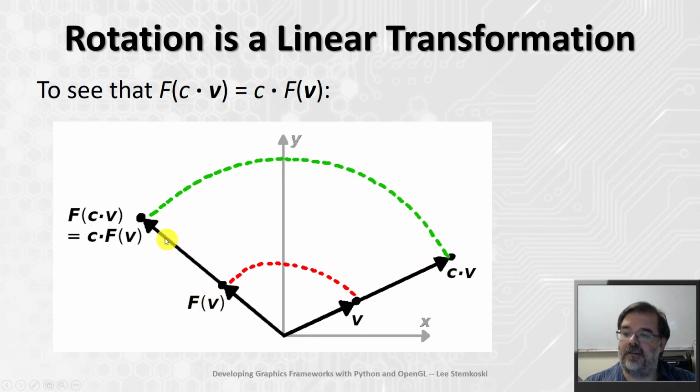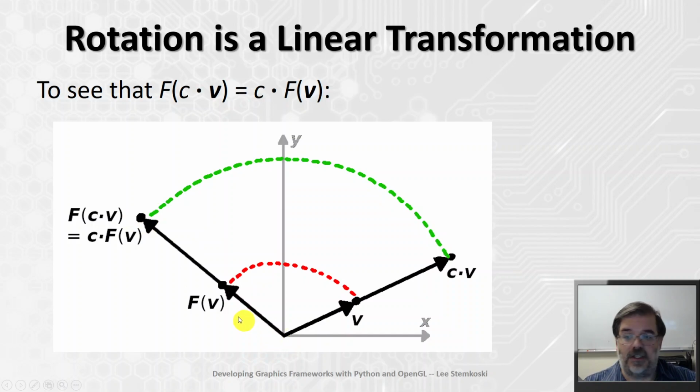So the results are f of v and f of c times v. Now, again, these vectors lie along the same direction, and their endpoints still have the same distances from the origin. Right? Rotation doesn't change the distance of a point from the origin. So the distance from the origin to f of v, that endpoint, still has distance d. Then the distance from this endpoint to the origin is c times d.